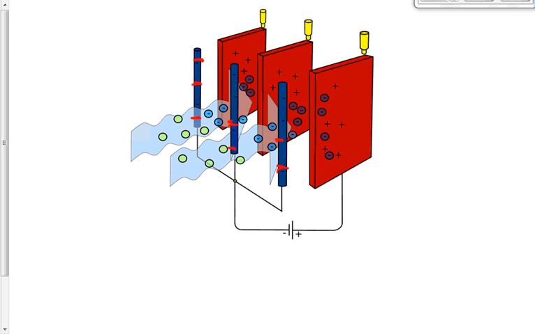They're negatively charged because they're attached to the negative side of a battery. Now, when that air and those neutral dust particles go through and touch these negatively charged rods, what's going to happen to them? They become negative. What do we call that? Charging by what?